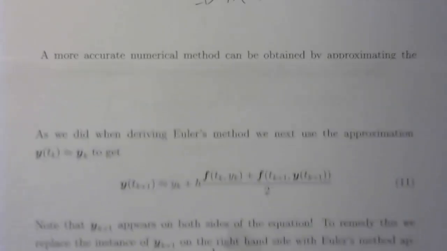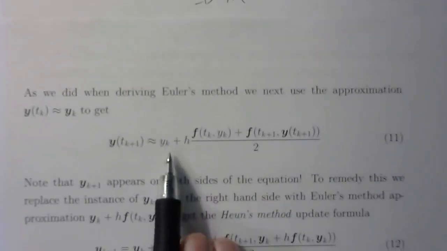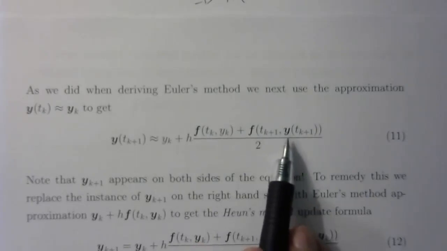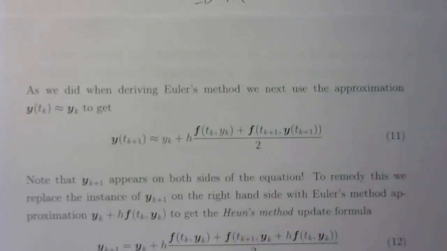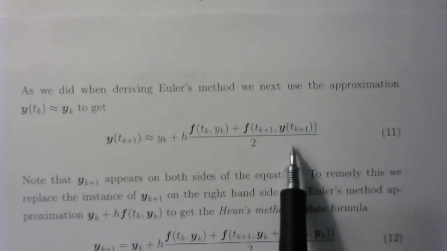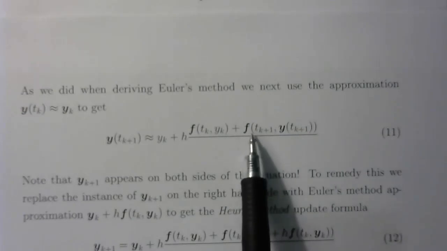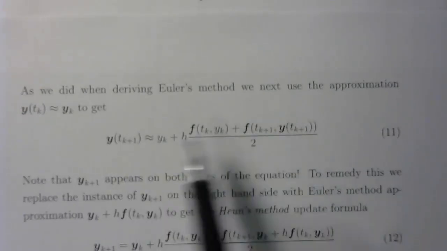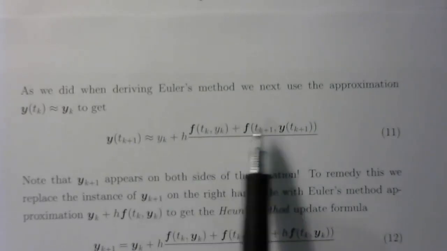We say, oops, here we go, that y at tk is really just yk of our sequence that we're approximating. And we can put that into all these functions in our approximation here. So what you'll notice is that yk plus 1 is going to appear on both sides, right? Or y at tk plus 1.